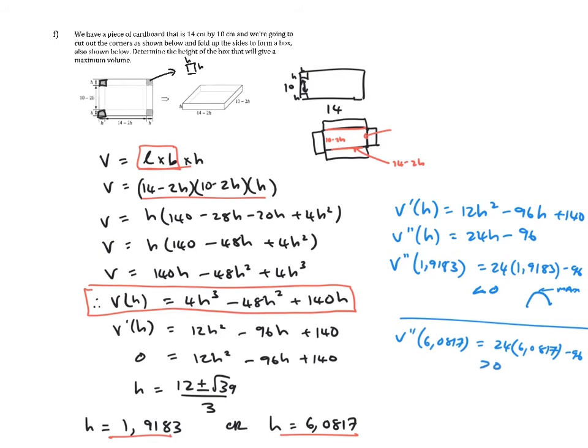So therefore, if the second derivative at the point is positive, that means it's a smiley face there, concaving up, and you're finding a minimum turning point.